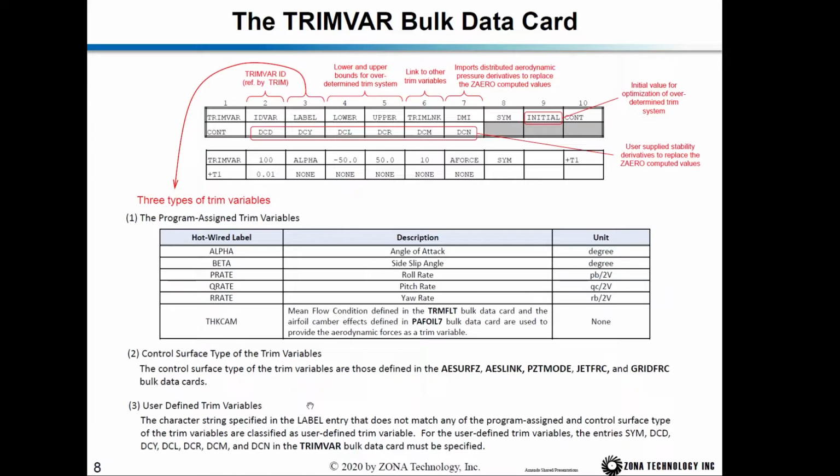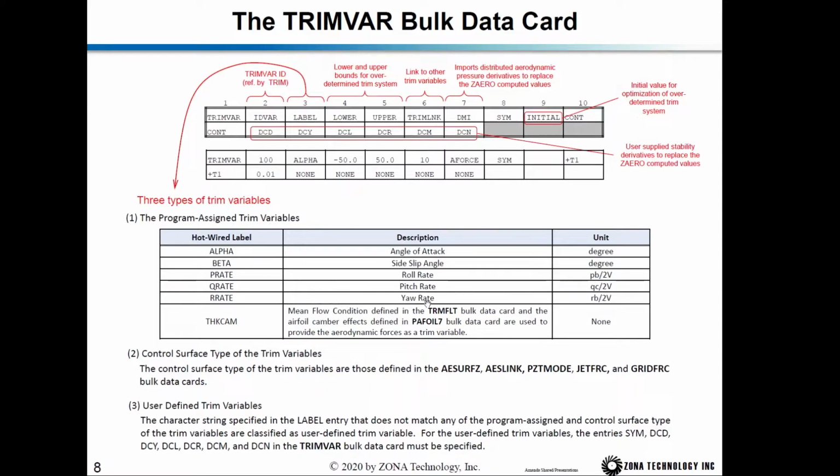And for the trim var, you give an ID and a label. This label has 3 types of trim variable. The first one is a program assigned trim variable, which is a hardwired label. So alpha means angle of attack in degrees. Beta is the sideslip angle in degrees. P rate is roll rate, with unit PB over 2V. Q rate is pitch rate, QC over 2V.